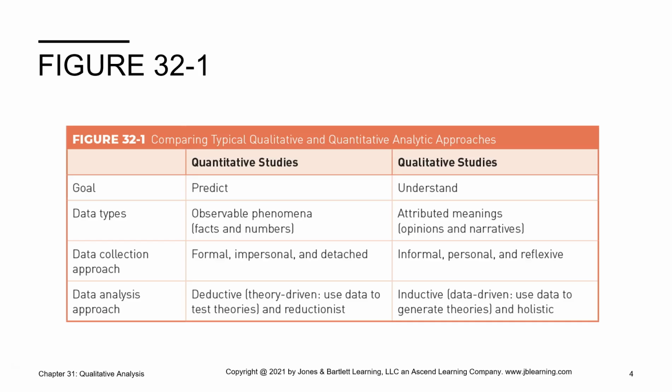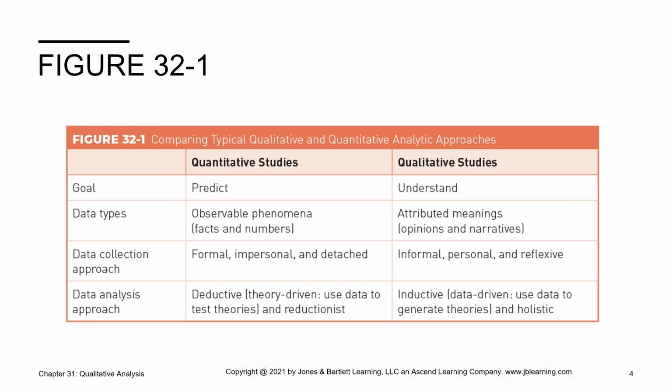The goal in a quantitative study would be to predict a result, versus in a qualitative study, you're looking to understand. Data types in a quantitative study are more facts and numbers, versus in a qualitative study, opinions and narratives. The data collection approach for a quantitative study is more formal, impersonal and detached, very systematic, versus the qualitative approach, which is informal, more personal and reflexive.